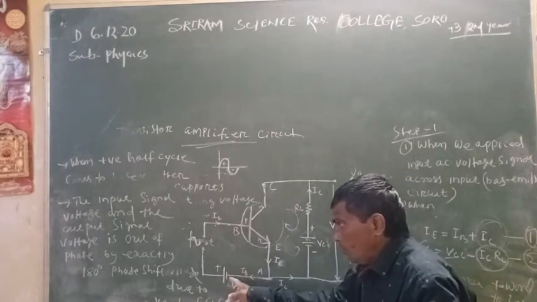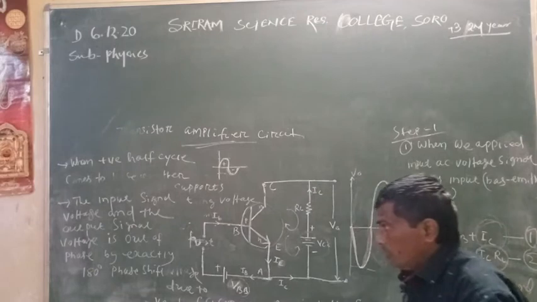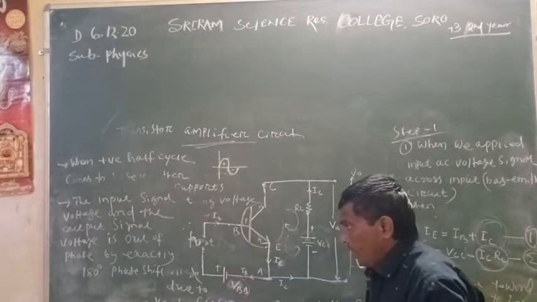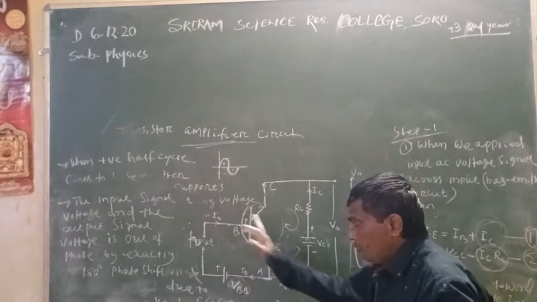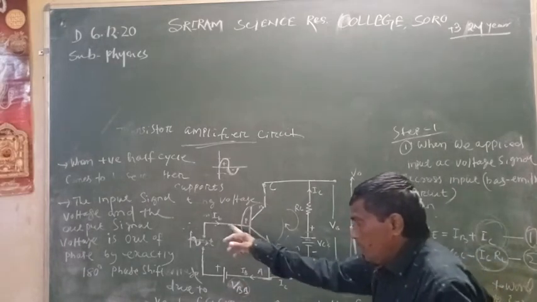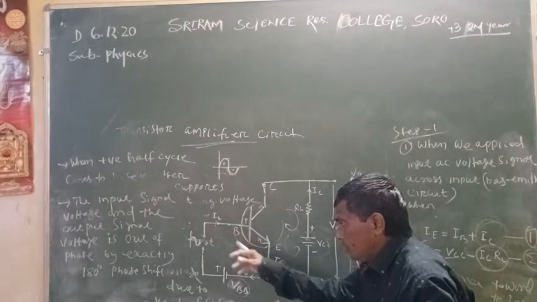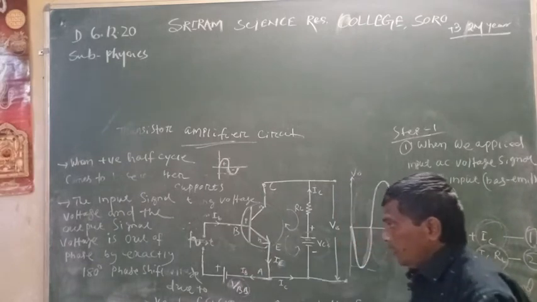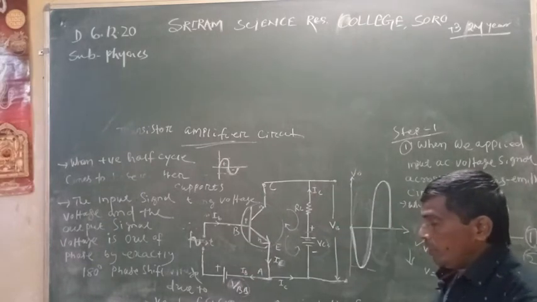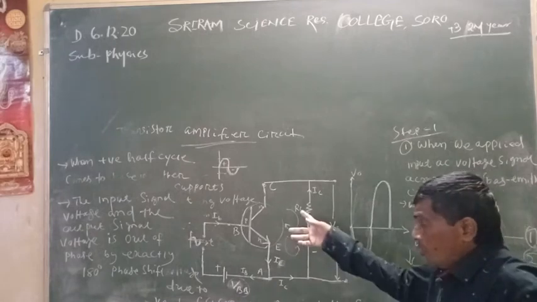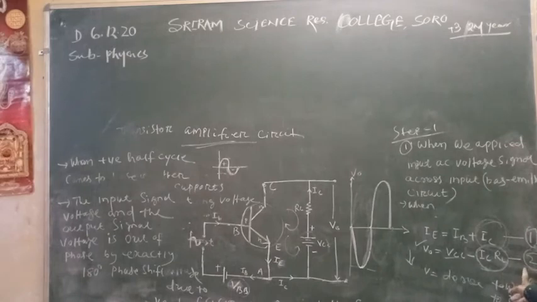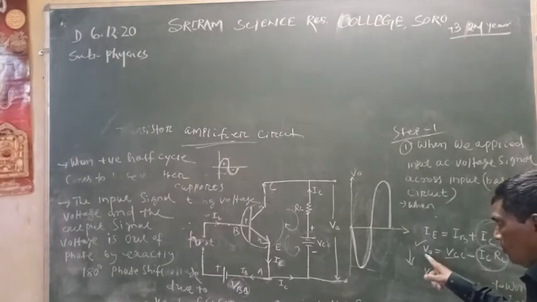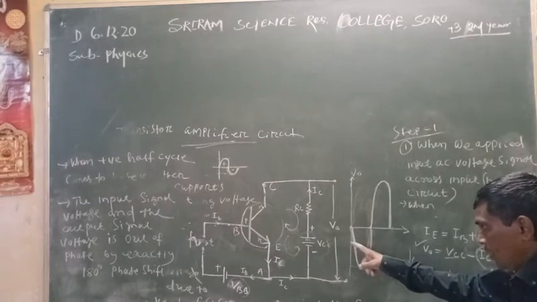The biasing voltage and positive signal voltage add to each other, so the biasing voltage also increases. When the base emitter junction voltage increases, the collector current also increases. From equation number 2, collector current increase means V naught, the output voltage, gradually decreases.